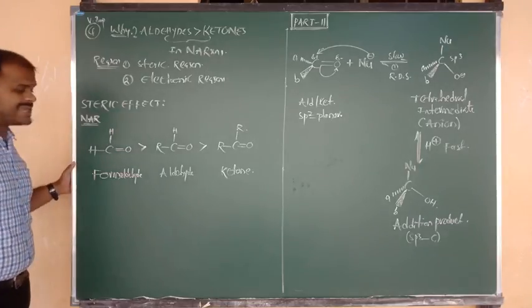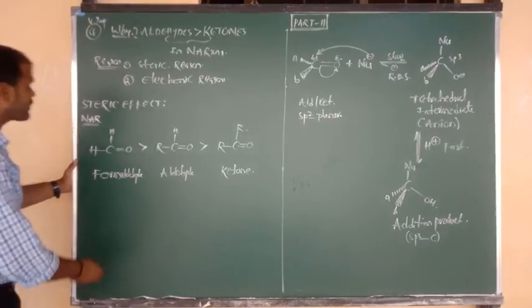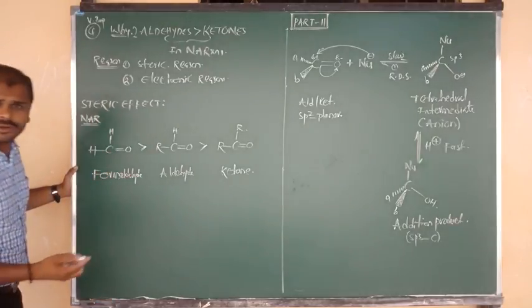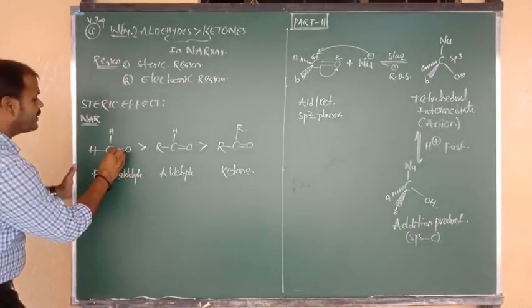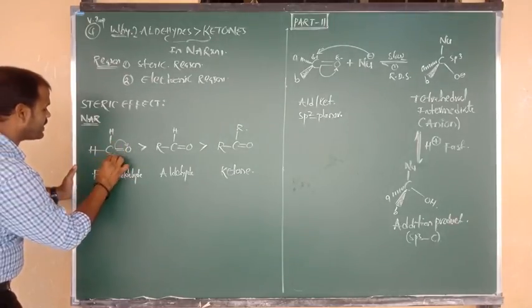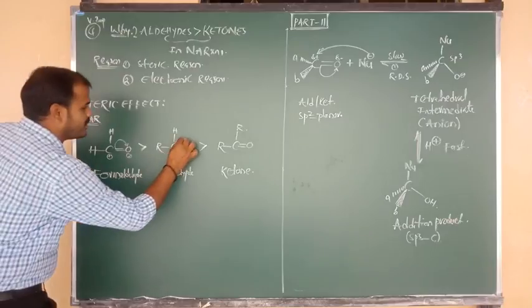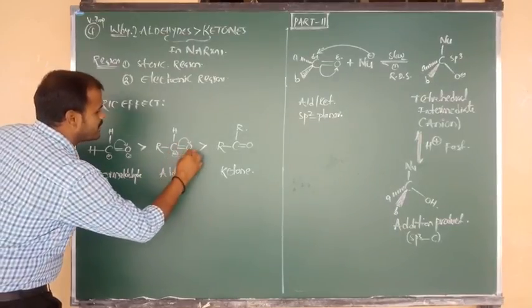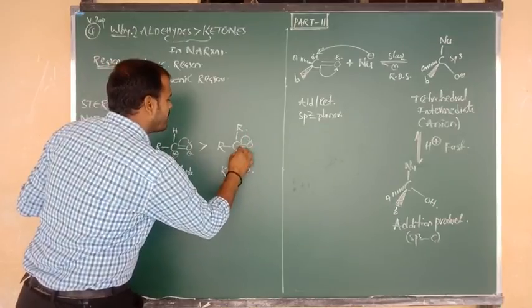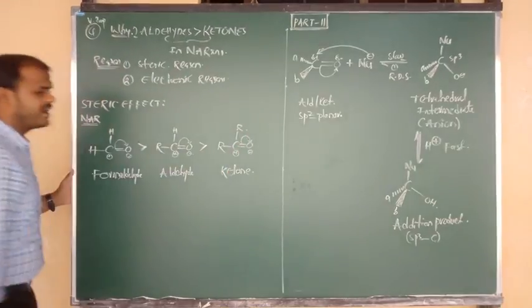Now in these examples, try to remember: as compared to carbon, oxygen has more electronegativity. Definitely the pi bond is delocalized towards the oxygen. So carbon carries a positive charge and oxygen a negative charge. Same thing in the second and third compounds.